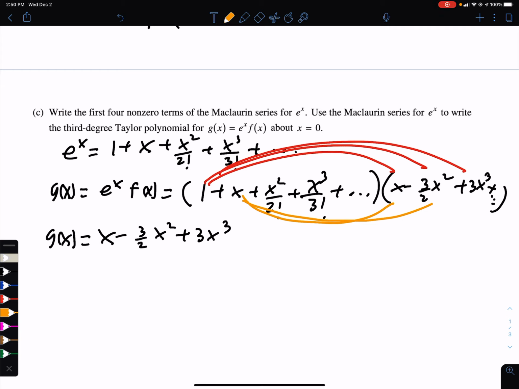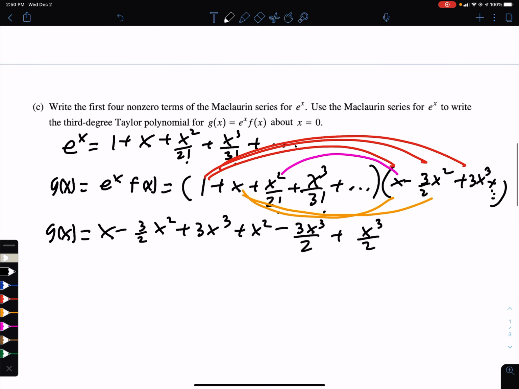So that's going to be plus x squared minus 3x cubed over 2. Then we're going to distribute this one only once. And why once? Because it's already x cubed. If I went any further, it's going to be higher than x cubed. So I'm going to stop there, and that's going to be x cubed over 2. So that's my Taylor polynomial for g.